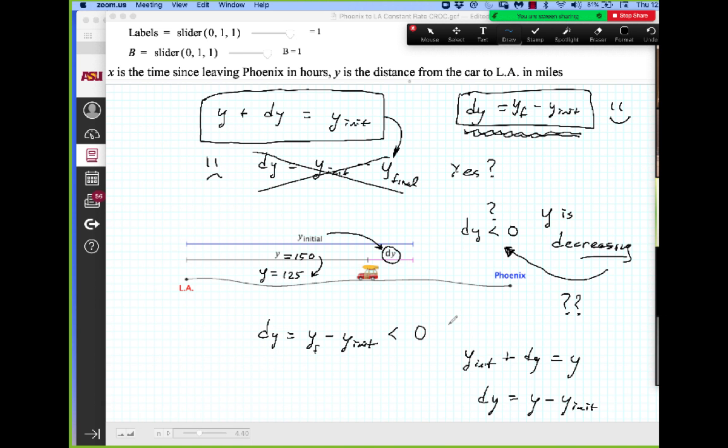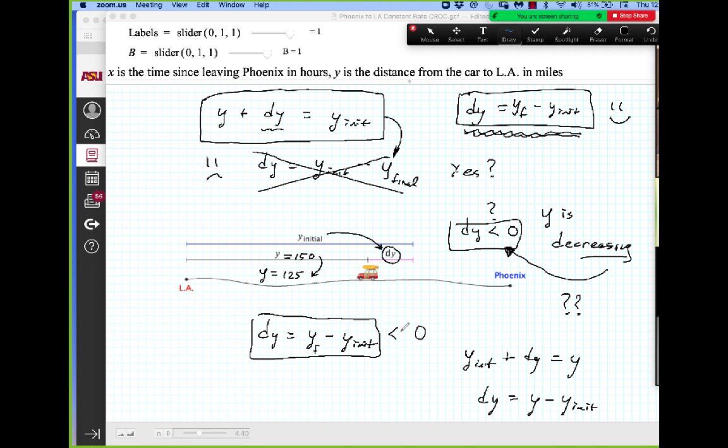When we realize that dy is negative and getting more negative, all is right in the universe again. So this was based on the wrong assumption that dy is positive. Okay, does it make sense? Yes, dy is negative because y is decreasing, and so this still holds. Dy is y final minus y initial, which gives us a negative value because y final is less than y initial.